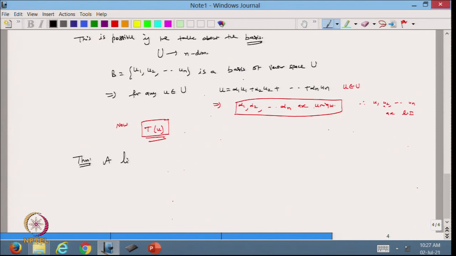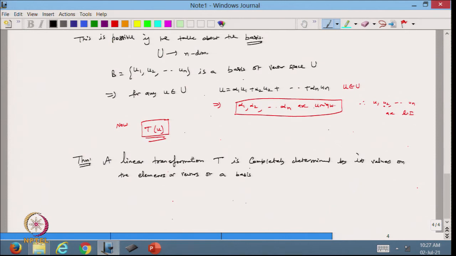A linear transformation T is completely determined by its values on the elements or vectors of a basis.